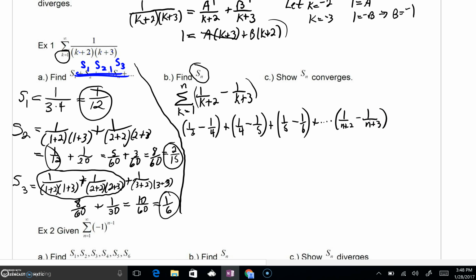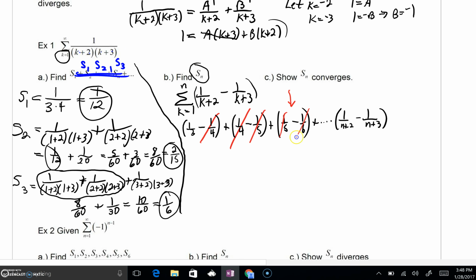Now, I want you to take a close look here and see what's happening. A minus 1/4 would cancel with a positive 1/4. A minus 1/5 would cancel with a 1/5. Here's what I'm getting at. If you just stopped here at the third term, you'd see that the first expression there would get canceled out.